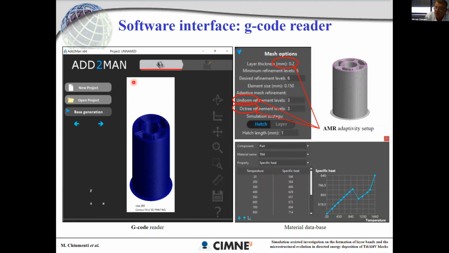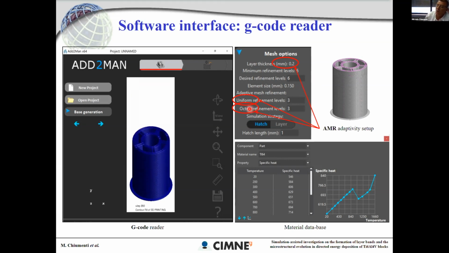So in the interface that we have for the software that we are developing, the only thing that you really need is the definition of the material database. Typically, it's a temperature dependent material database, as you can see here. The second information that you need is the definition of the layer thickness, which is typically also read from the G-code file, from the difference of layering in the file.